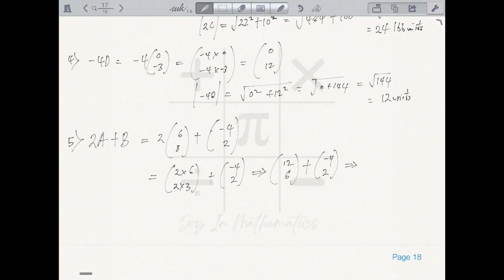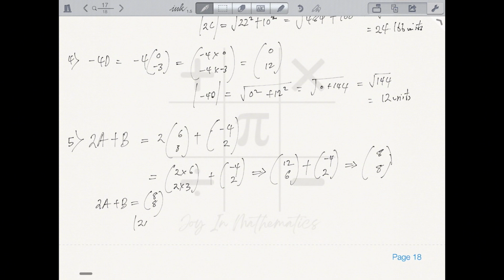When we take the addition, we'll have 12 minus 4, that's 8, and 6 plus 2, which is also 8. So we have 2a plus b equal to (8, 8).